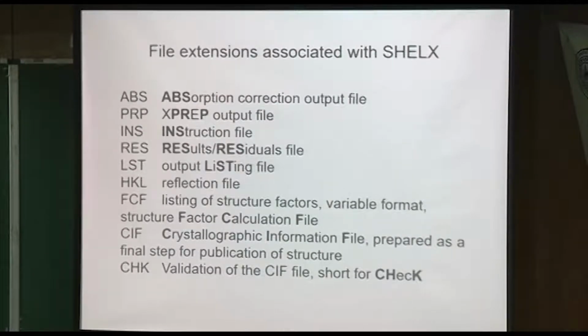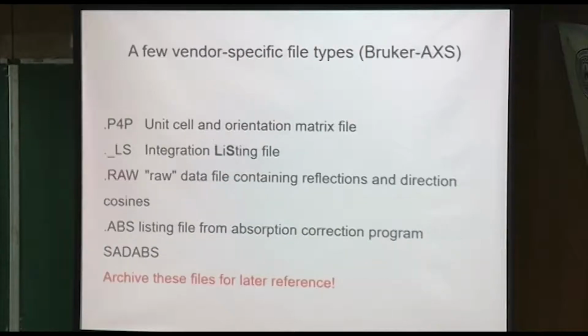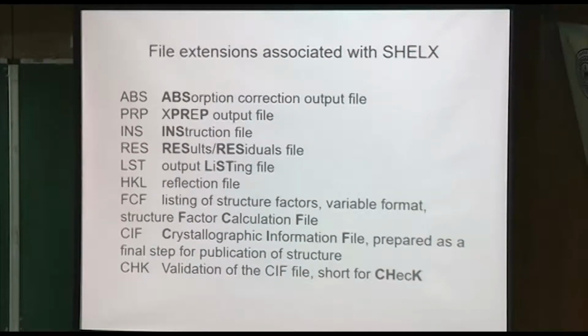Now, I think it's really useful to know the file extensions, the thing that follows the dot. You can see these in all of the GUIs because they'll all be using the same file extensions. These were all named by George Sheldrick at some point.